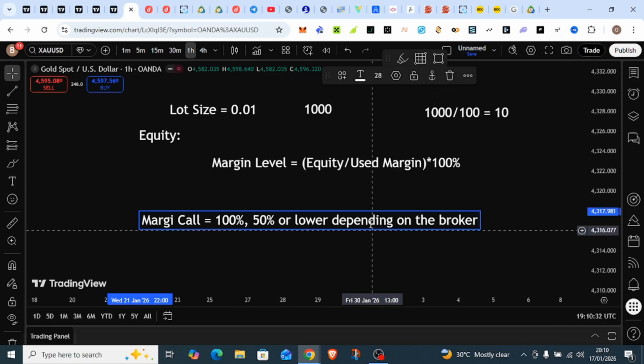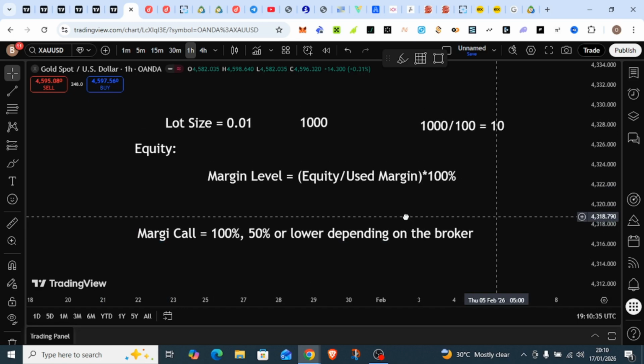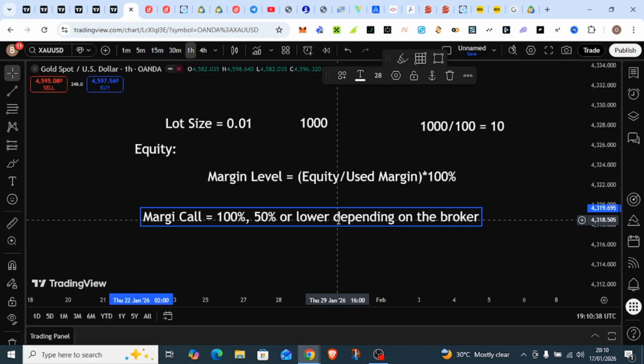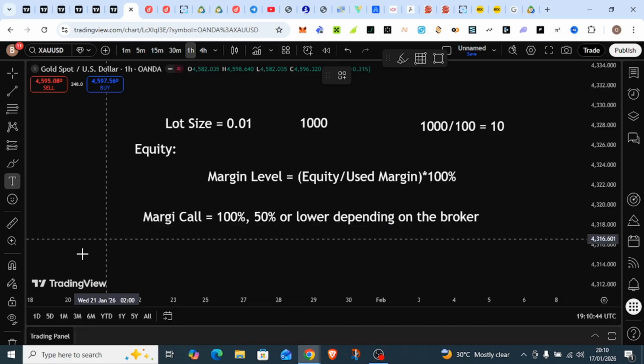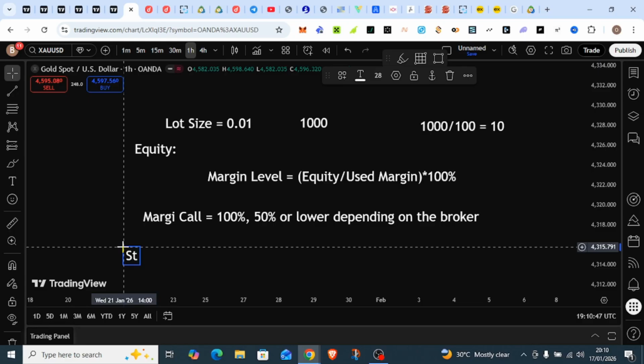So let's continue. We have another term known as stop out or liquidation. You can also call it automatic closure.